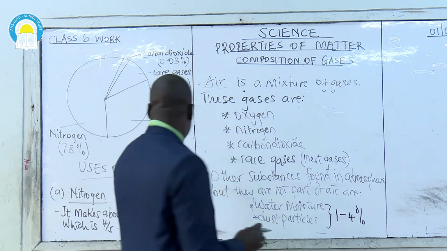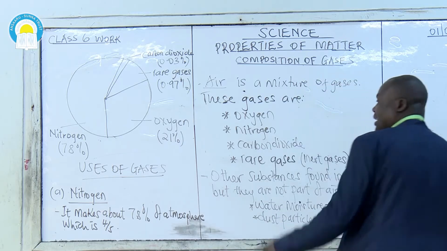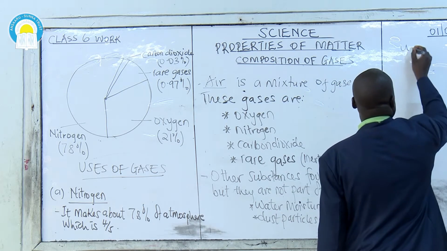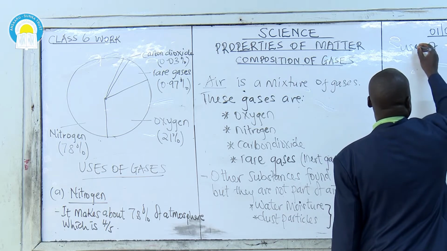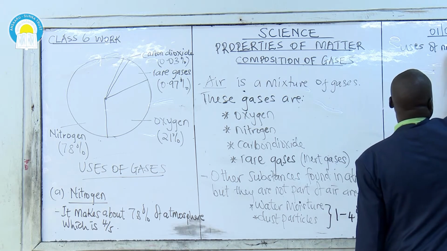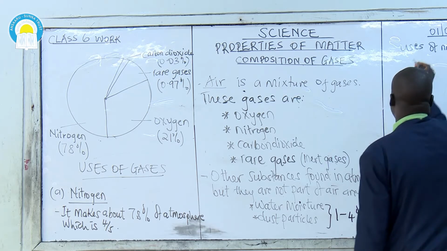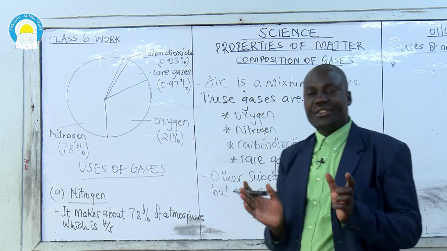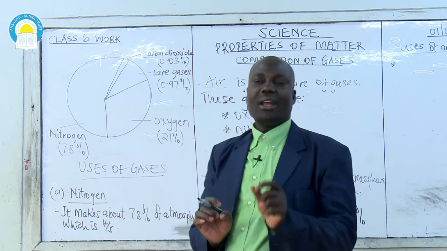When we come to another thing about nitrogen, now we come to uses. Uses of nitrogen. Number one, nitrogen is used by plants we call legumes.